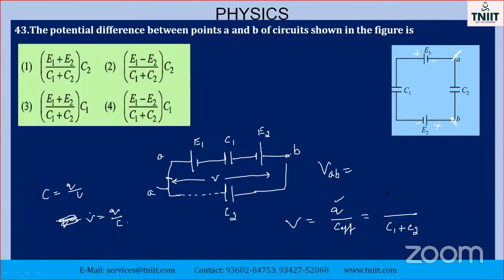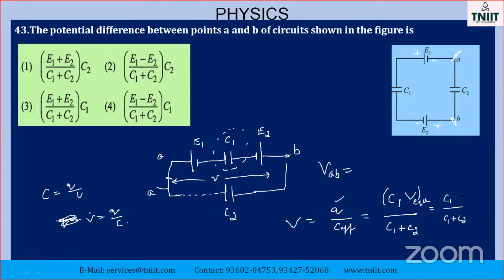How do you define this charge? Charge is defined as C into V across which cell you are using. Across AB is having C1. So this should be C1 and this is V equivalent. So C1 divided by C1 plus C2.